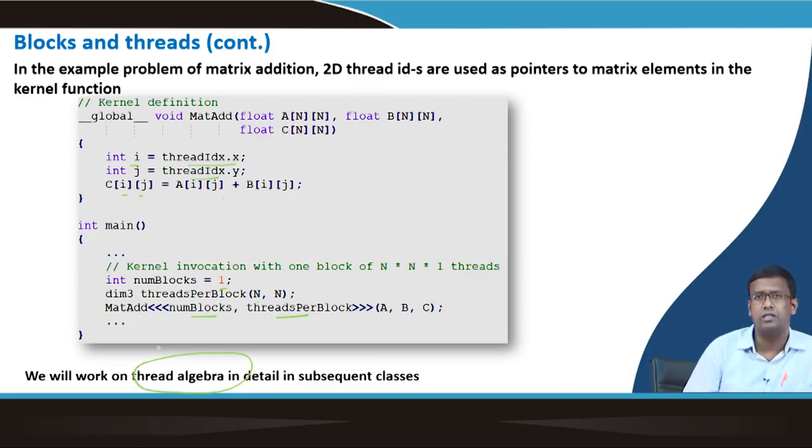We will look into this thread algebra in detail in the next class, how we can use the local IDs of the thread for multiple block, multi-dimensional block and thread structure, and use them efficiently to point to the memory of the array or matrix which will be operated by the kernel call.